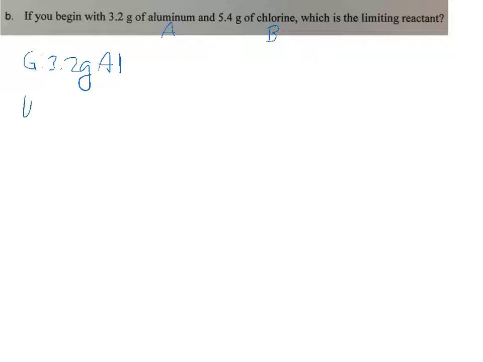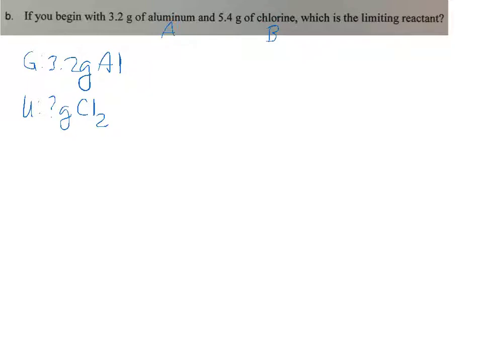And we know that we're trying to get to how many grams of chlorine gas it would take to react with that 3.2 grams of aluminum. And then what we're going to do is compare this mass that we find, which is going to be our needed mass, to this mass that we're given in the problem to see which of these two substances, the aluminum or the chlorine, is our limiting reactant.